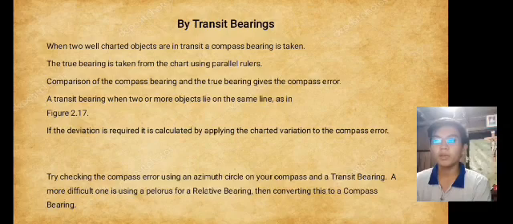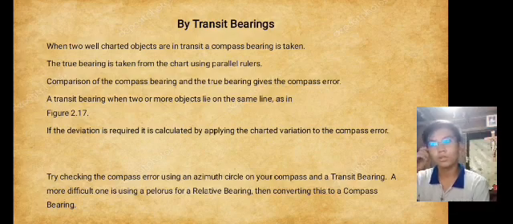By transit bearings, when two well-charted objects are in transit, a compass bearing is taken. The true bearing is taken from the chart using parallel rulers. Comparison of the compass bearing and true bearing gives the compass error.